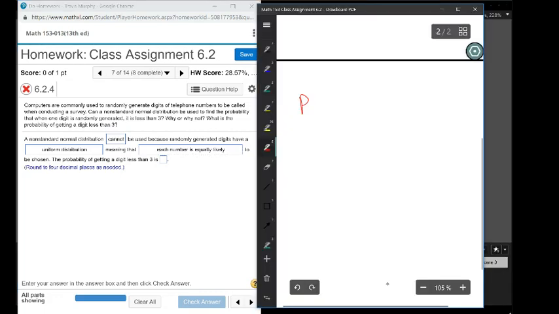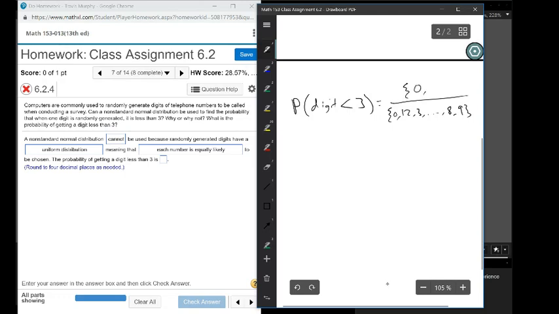And the probability of a digit less than 3: well, we have 10 digits total, 0, 1, 2, 3, up to 9. And the digits less than 3 are 0, 1, and 2. So the size of that set divided by the size of the sample space, 3 over 10, or 0.3.